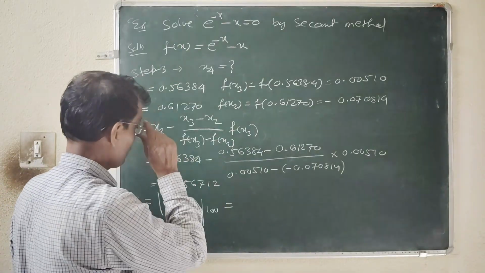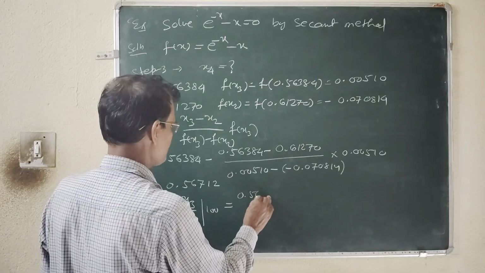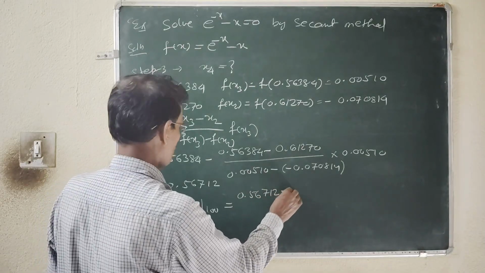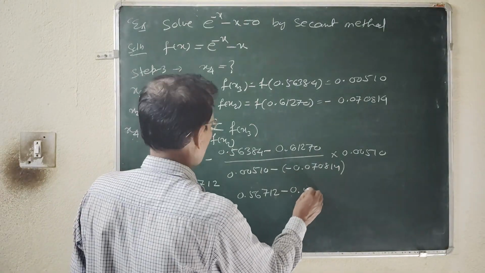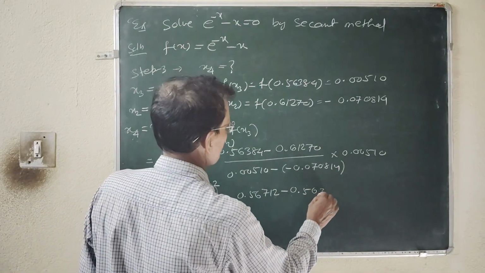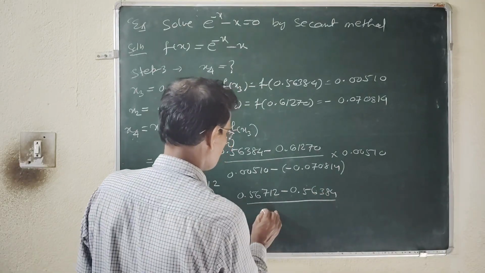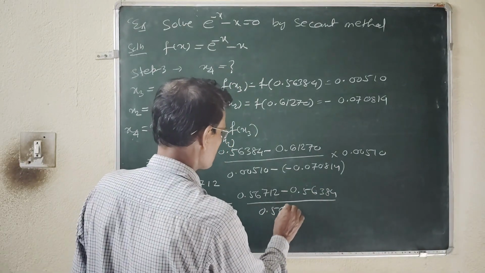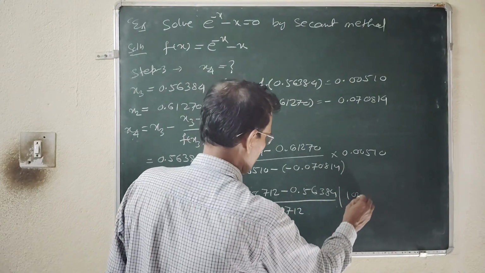That is 0.56712 minus x3 is 0.56384, divided by 0.56712, modulus, into 100.